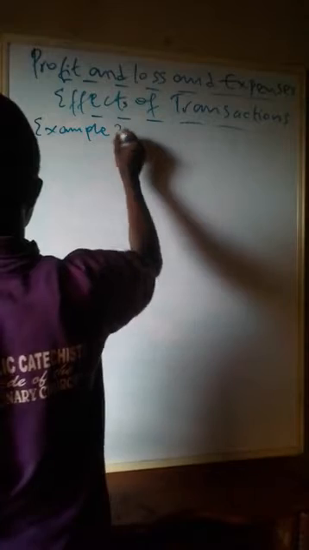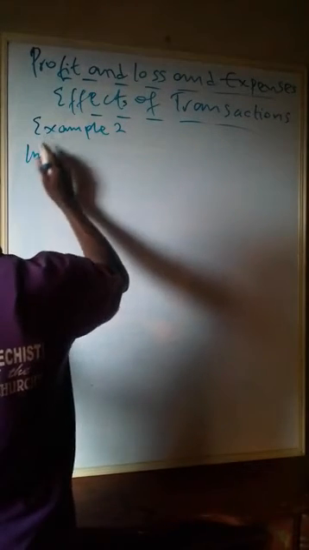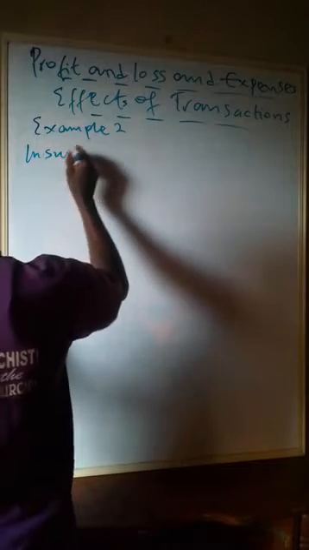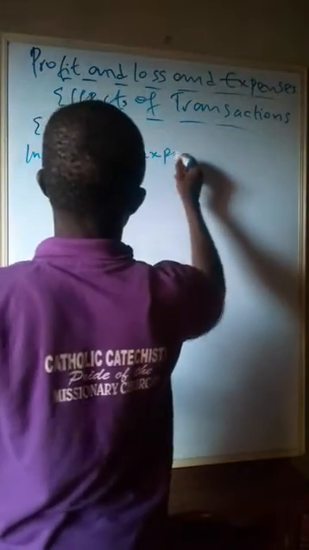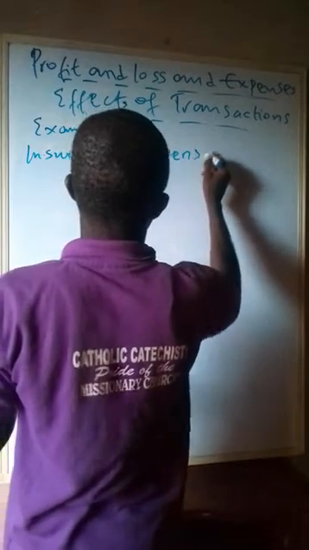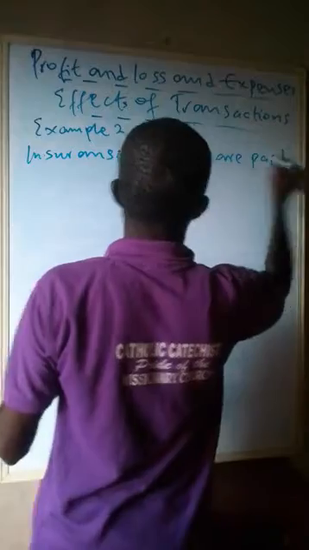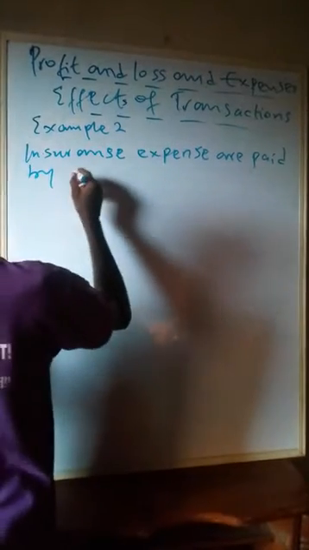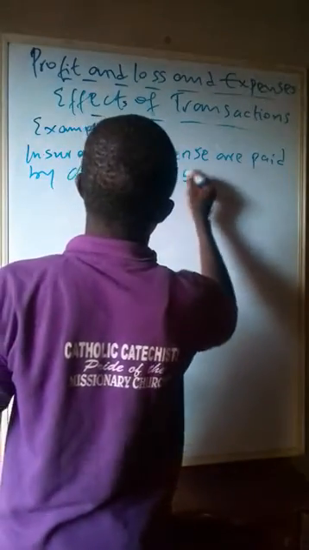Example 2: insurance expenses are paid by check. That is, let's assume $500.